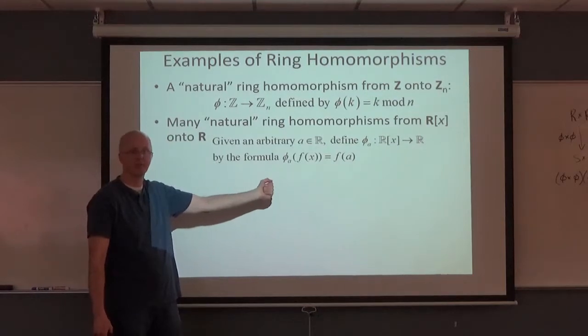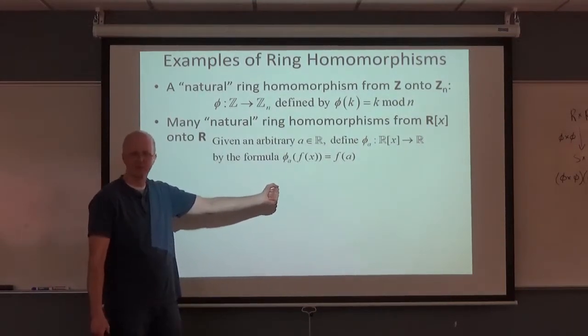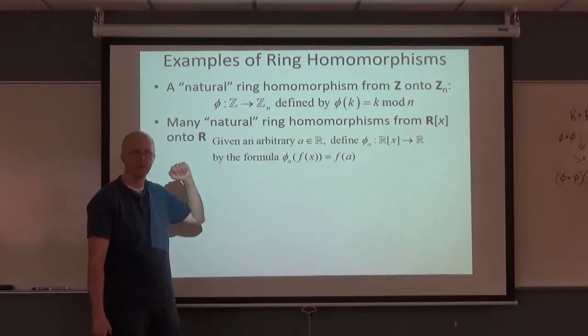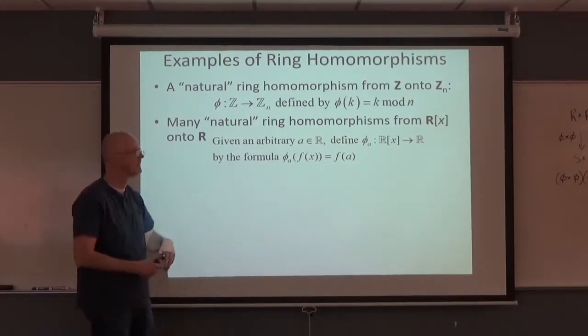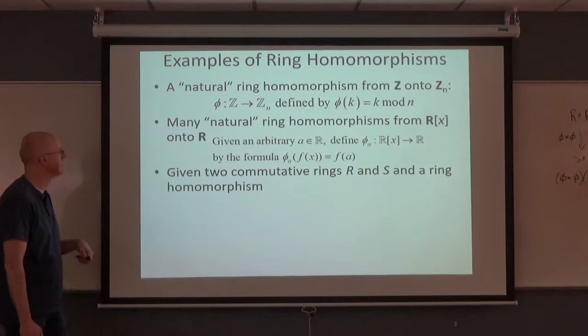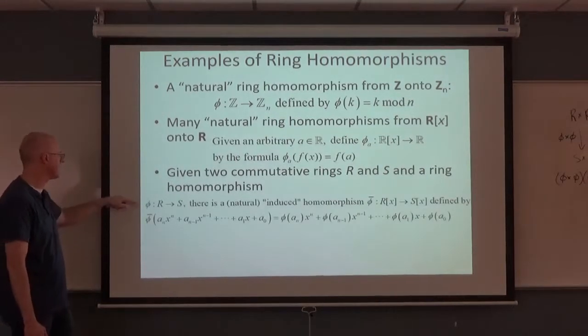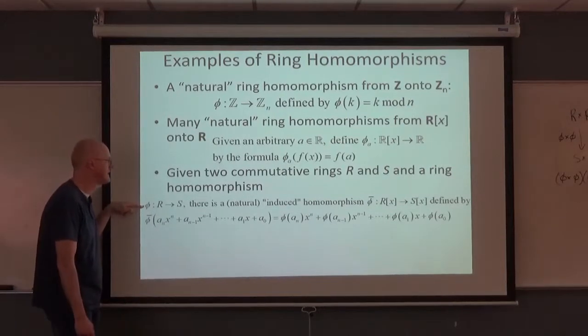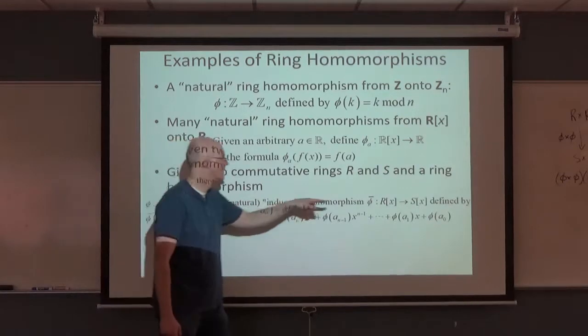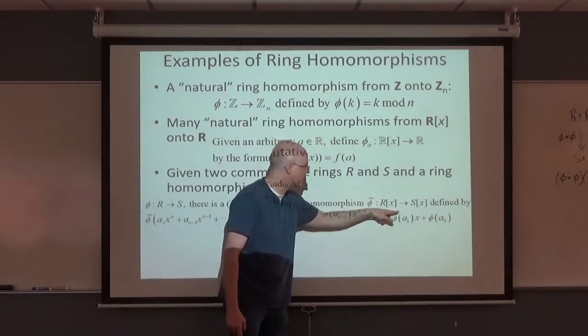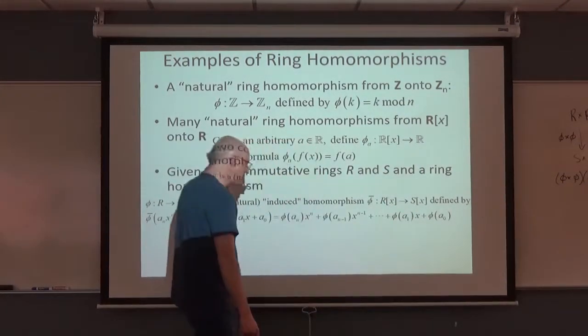You can verify this is operation preserving. It's pretty simple, actually. It's one of those things where it's almost so simple it's confusing. Think about it. Actually, I think in one of the homework problems you end up thinking about this. Given two commutative rings, R and S, and a ring homomorphism phi from R to S, there is a natural homomorphism that is induced, called phi bar, from the polynomials with coefficients in R to the polynomials with coefficients in S. What do you do?